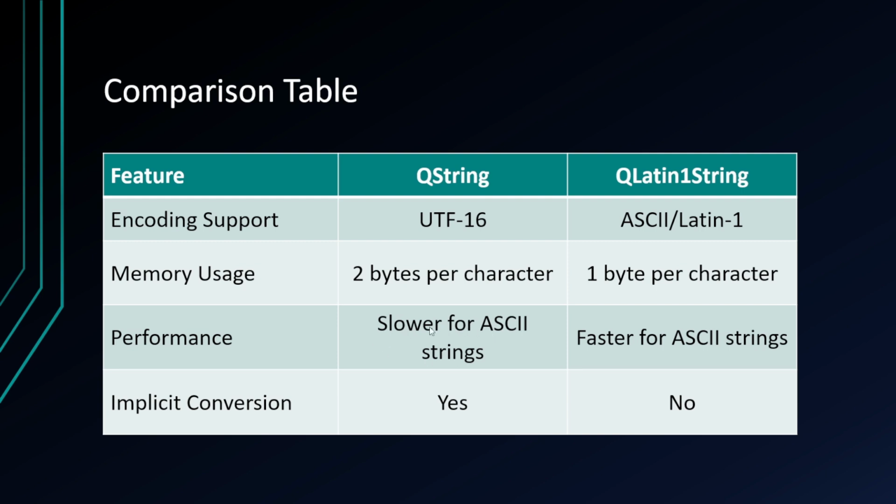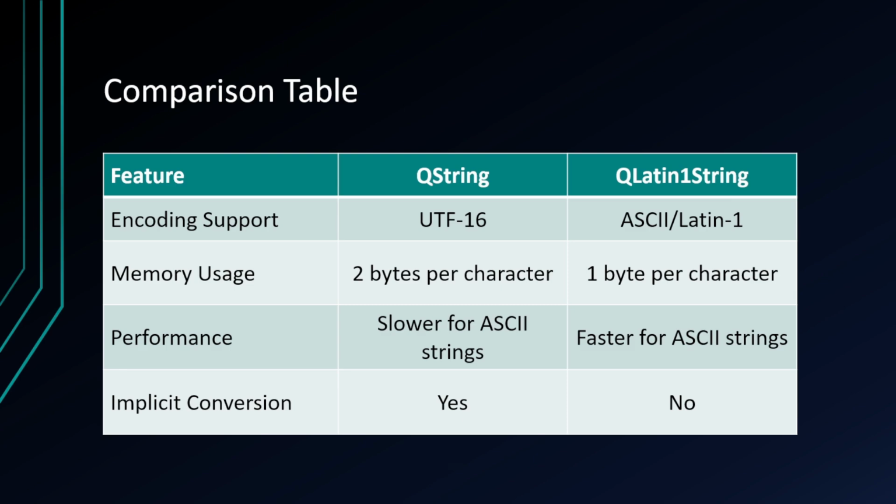Performance is slower for ASCII strings with QString and faster with QLatin1String because it is used mainly for that, and QString is used for any other, I mean, all kinds of characters in all languages. It just has more symbols that it can store. And QString is making implicit conversion of literals.